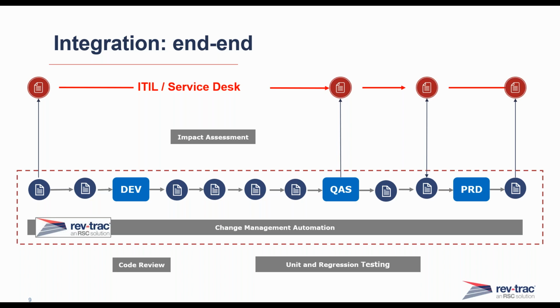And so this will automatically create a Rev-Trac request once a service ticket has been raised, or if for any reason the IT team raises a Rev-Trac ticket themselves, it will automatically create a service desk ticket as well. Then at particular turns along the progression of that change, that service desk will be updated. Signatures can be transferred between Rev-Trac and the service desk, or the service desk and Rev-Trac. So now we have a fully integrated solution.